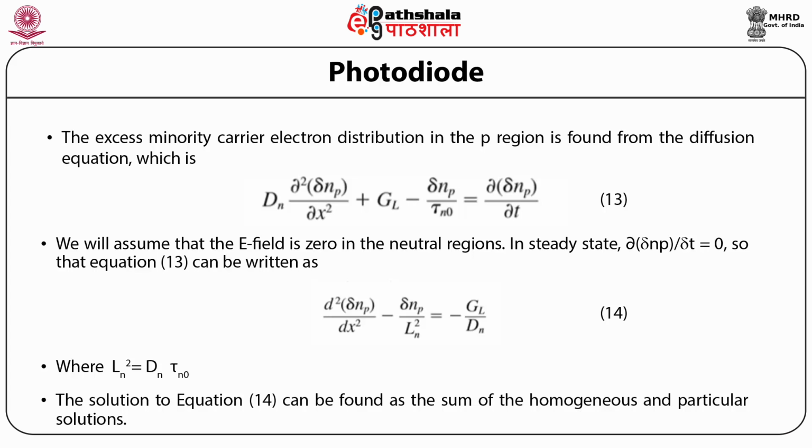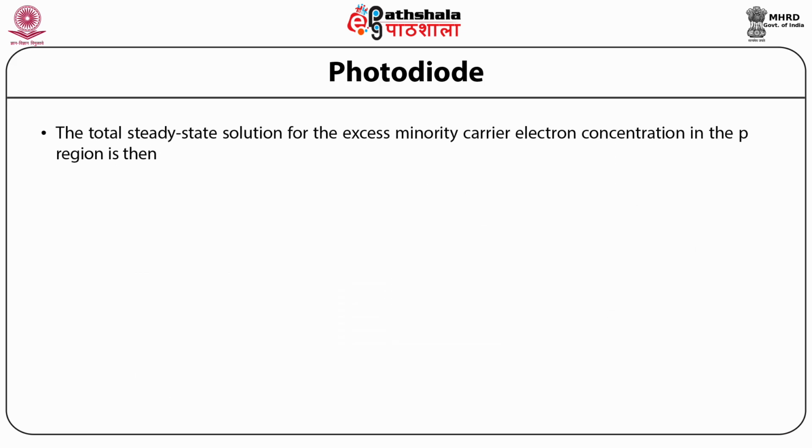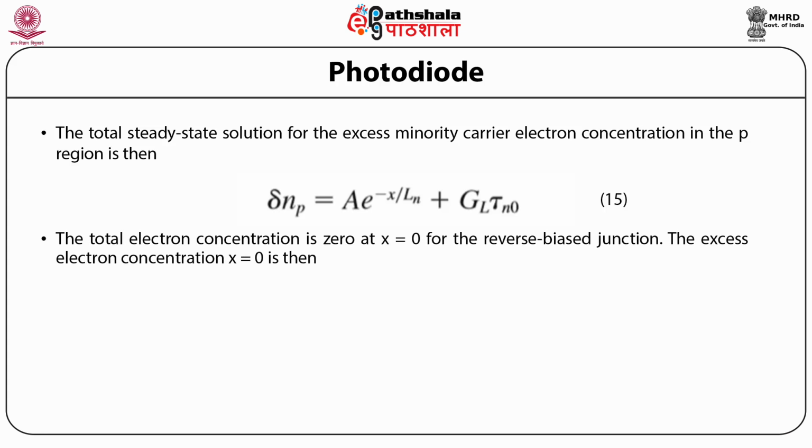The solution to this equation can be found as a sum of the homogeneous and particular solutions. So the total steady state solution for the excess minority carrier electron concentration in the P region is then δnp equal to A exp(−x/Ln) plus GL τn0. The total electron concentration is 0 at x equal to 0 for the reverse biased junction.